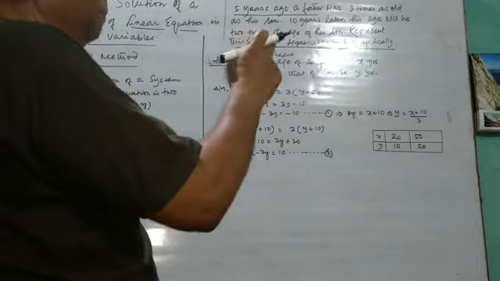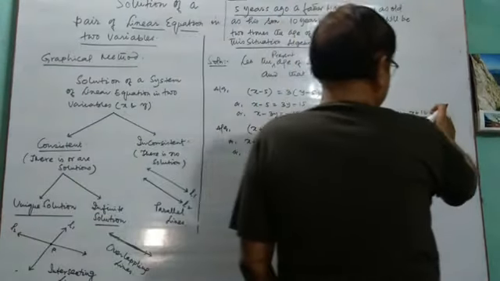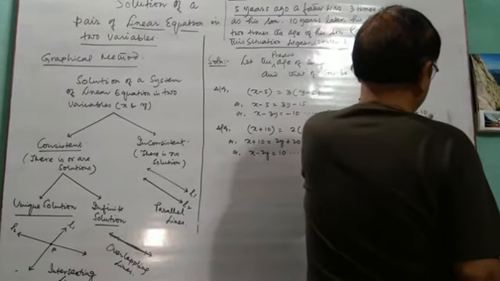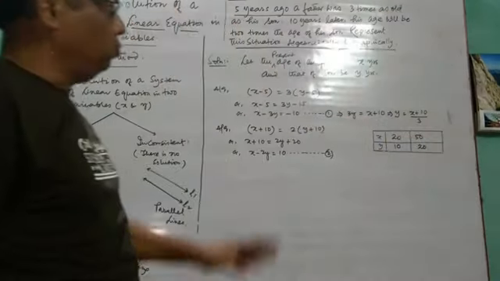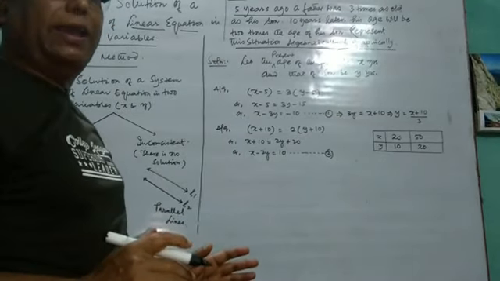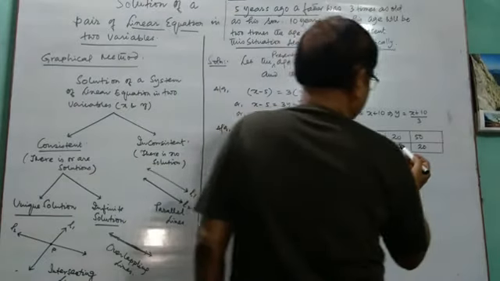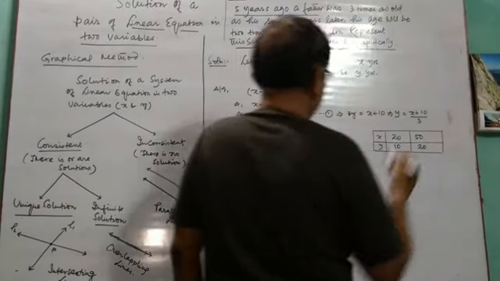At least you have to take two sets of values of x and y. The ordered pairs are 20, 10 and 50, 20.